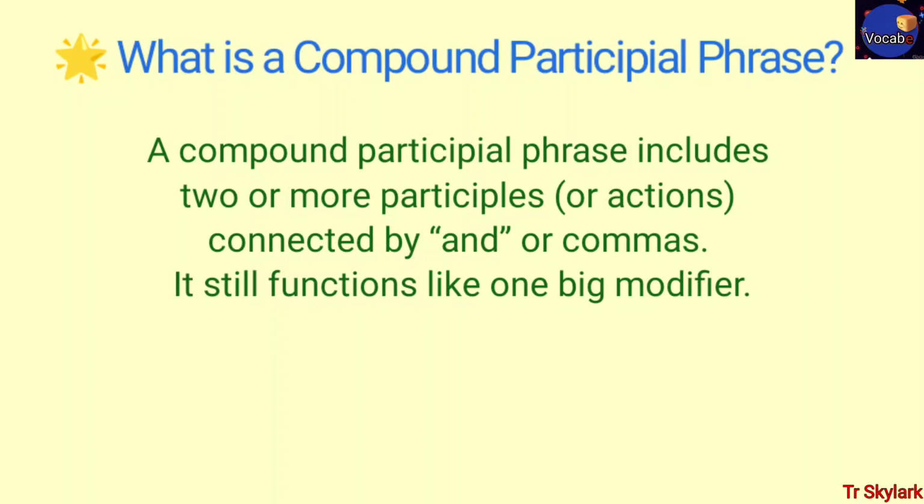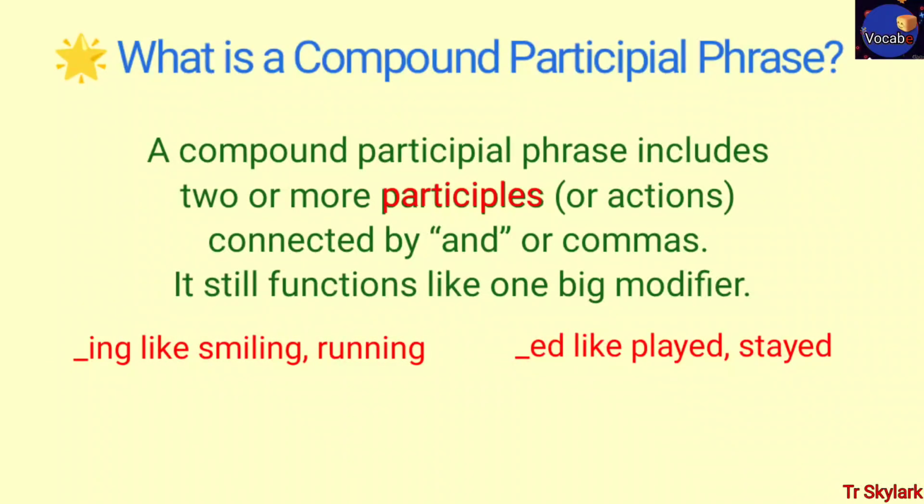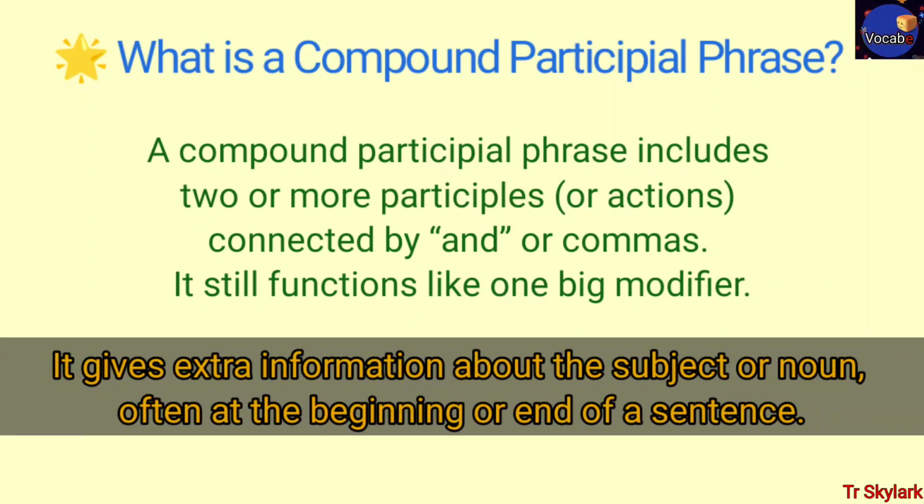So, a compound participial phrase is a group of two or more participles, often verbs ending in ing or ed, that are connected by and or commas. Even though it includes multiple actions, the whole phrase functions like one modifier, giving us extra information about the subject. You'll often find participial phrases at the beginning or end of a sentence.